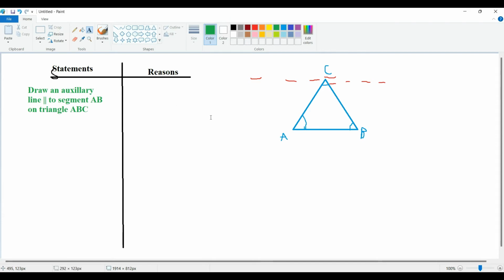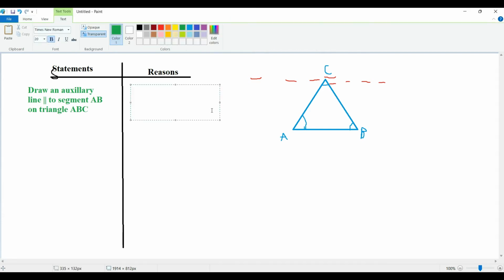The reason for it is this other theorem, which is called through any one point outside of a line, it forms a line parallel to a given line.